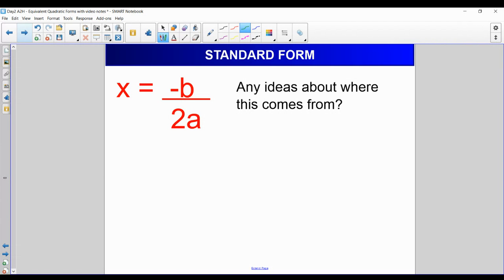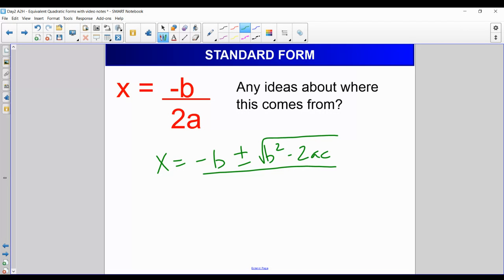Hopefully, you are maybe thinking of the quadratic formula. So I have x equals opposite b plus or minus the square root of b squared minus 4ac, all over 2a. Well, right here, this is where this comes from, because if we haven't shifted off of that, we're going to be right on the line of symmetry.